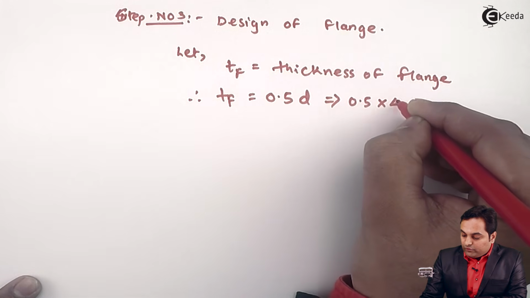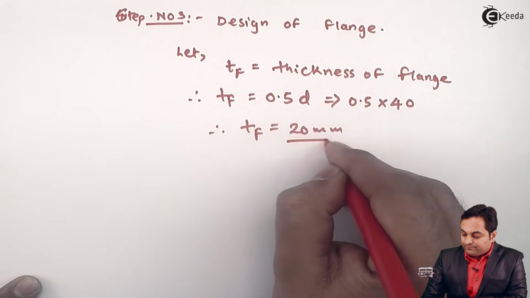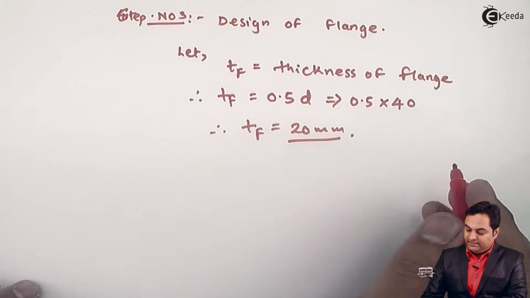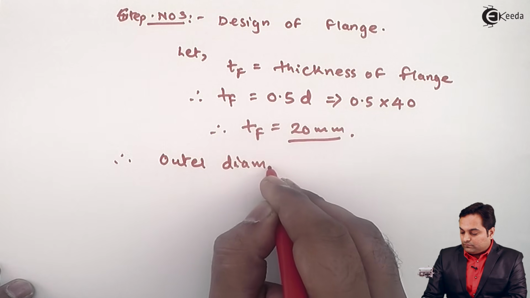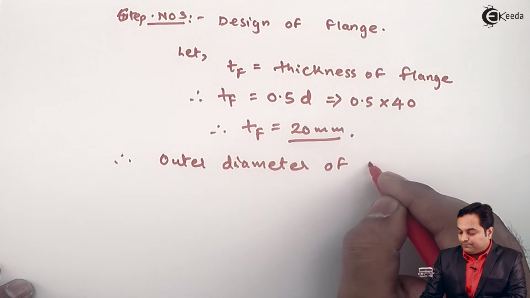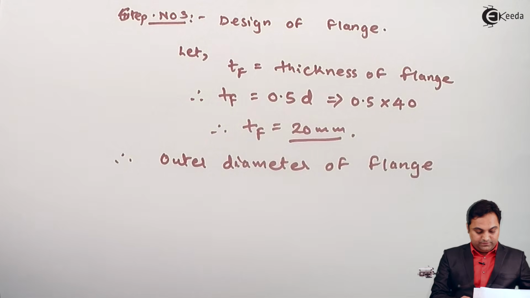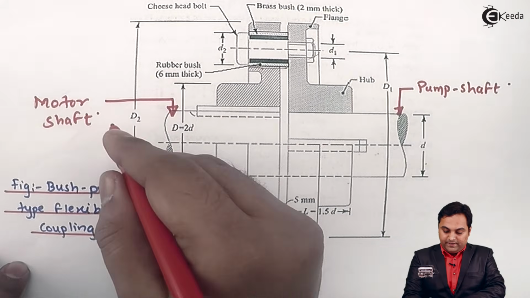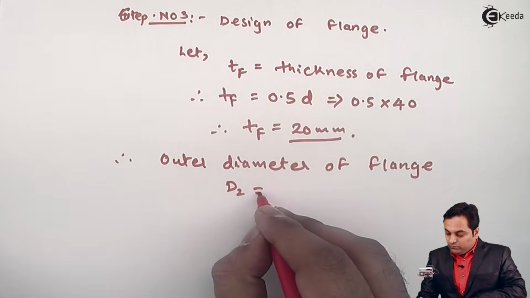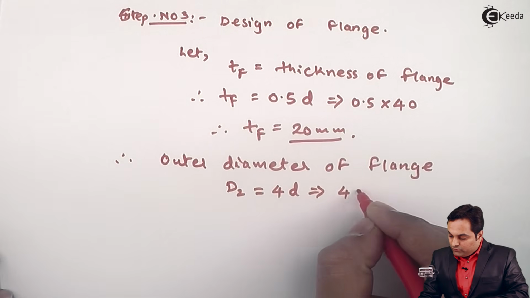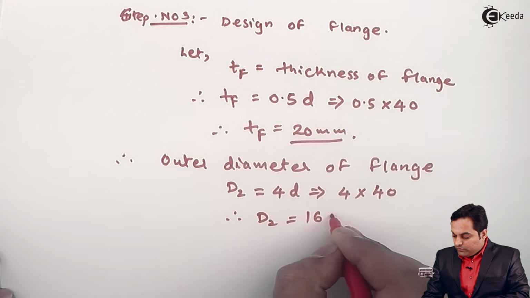So 0.5 of 40, TF comes out to be 20 mm. Now the outer diameter of flange is the greatest diameter. In the diagram, the outer diameter is denoted by capital D2. D2 will be equal to 4 times the diameter of shaft, that is 4 into 40. Hence D2 comes out to be 160 mm.